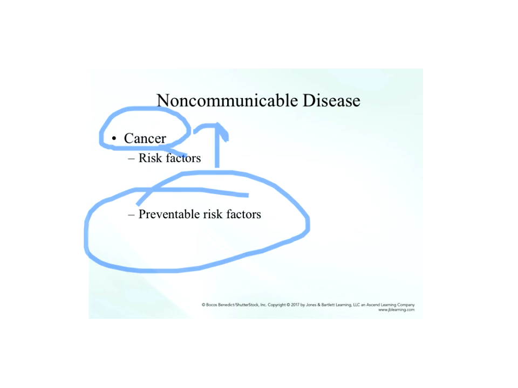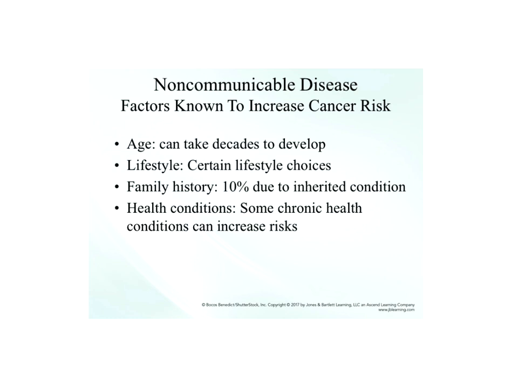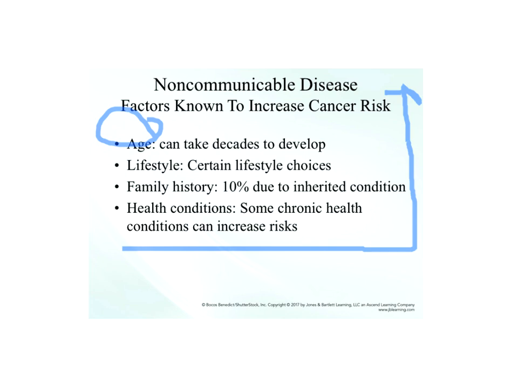Well, I'm going to have to stop here, due to the fact that we are getting very close to time. But let me very quickly go over this in dealing with the cancer risk. We did talk about age. It's going to take a little while for this to develop and sustain, and then you're going to have a certain lifestyle, and that's what's going to indicate some of these healthy choices or not so healthy choices.